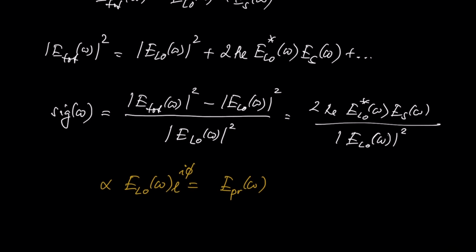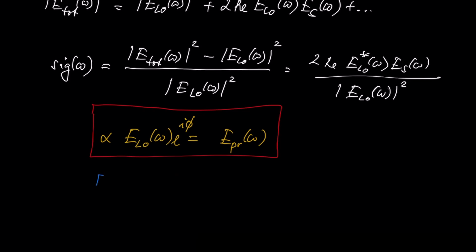So if we assume this, we actually assumed it in a way of defining the probe pulse in terms of the local oscillator, not the other way around. And that's because we would like to get rid of the local oscillator from the expressions above. So we can now assume again that the signal field is equal, because that's why we have the kappa constant here, so that it is equal to chi tilde omega E probe omega.